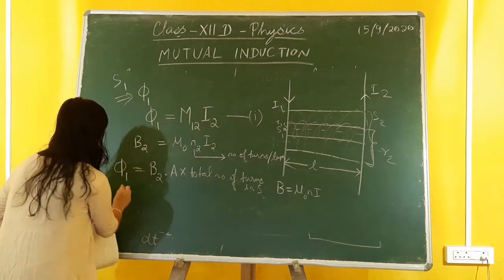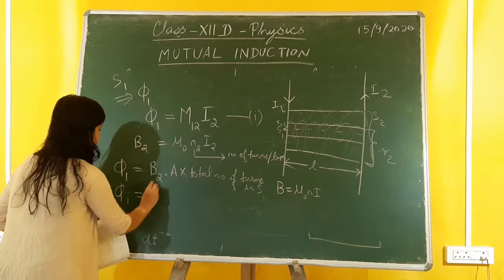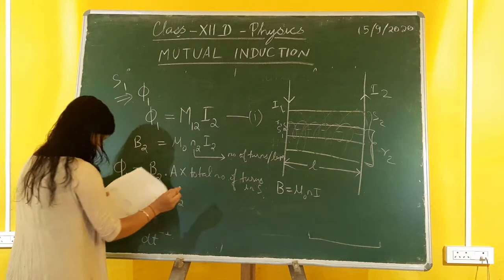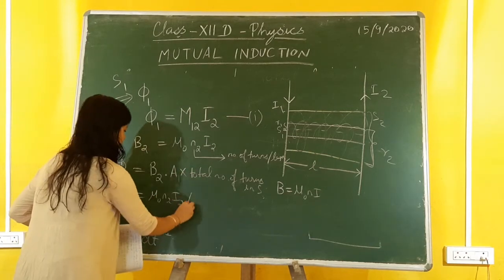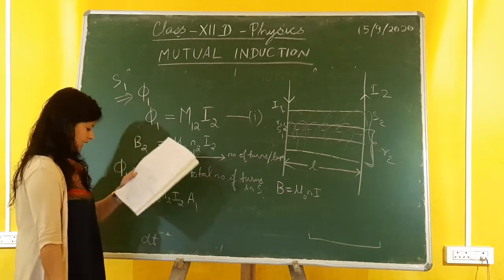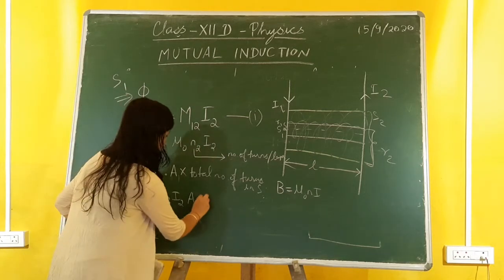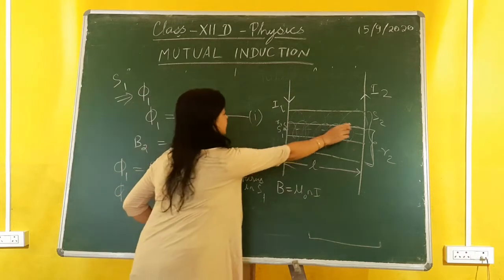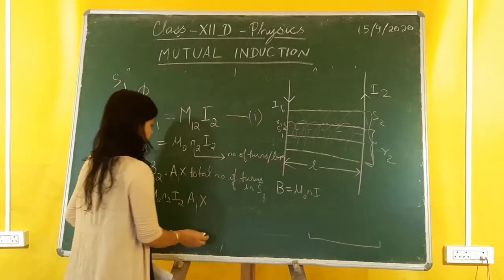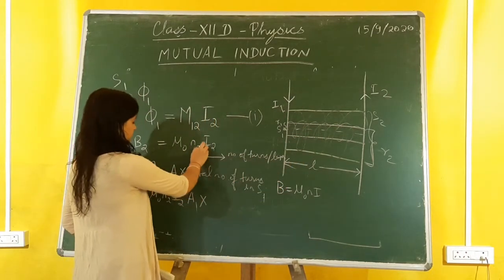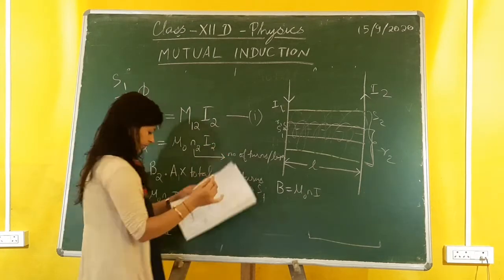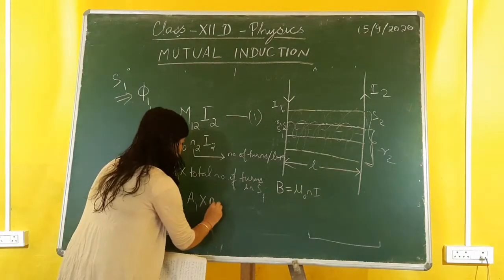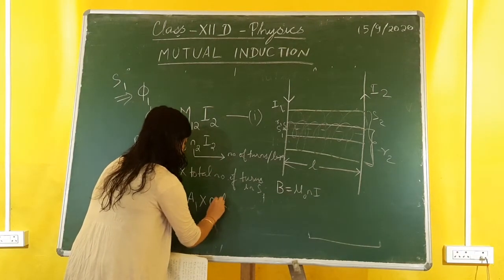Now phi 1 is equal to B2, which is mu naught N2 I2, into area, because we are dealing with the first one, A1, into what will be the total number of turns in the first coil, because we are talking about the magnetic flux induced here, in S1. N1 was the number of turns per unit length. So, the total number of turns will be in L length, N1 into L, okay.